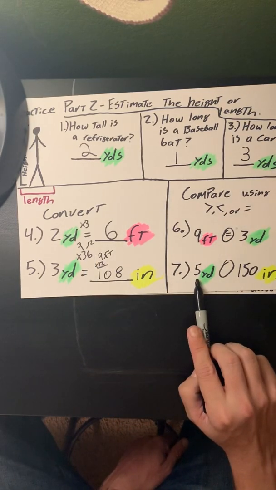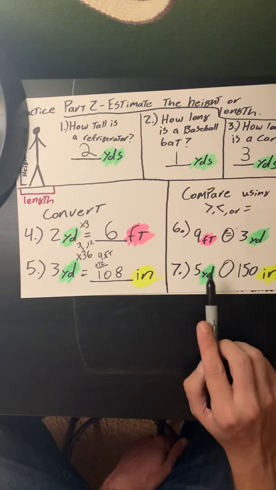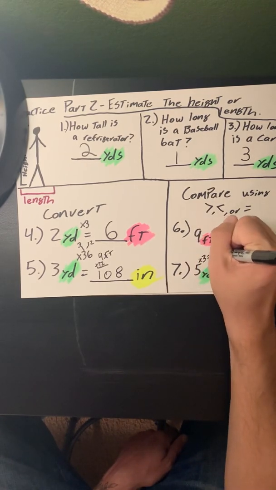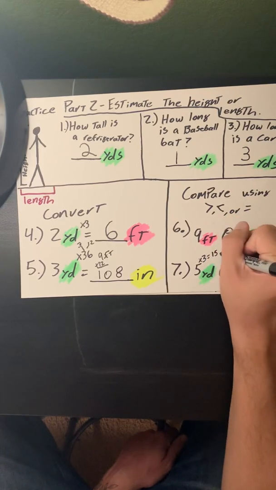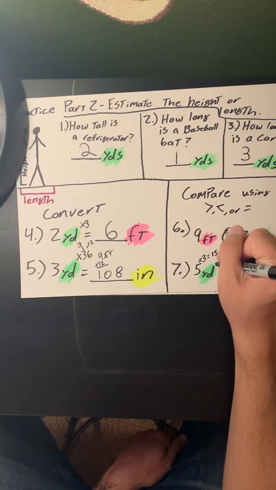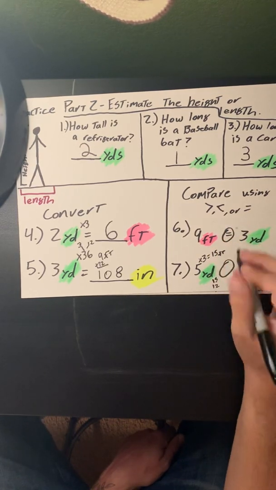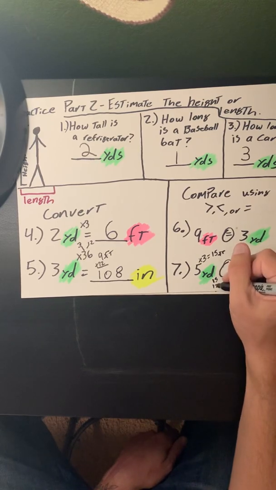So if I'm going to take 5 times 3, that's 15 feet. Now I can multiply 15 times 12 to give me how many inches that is.